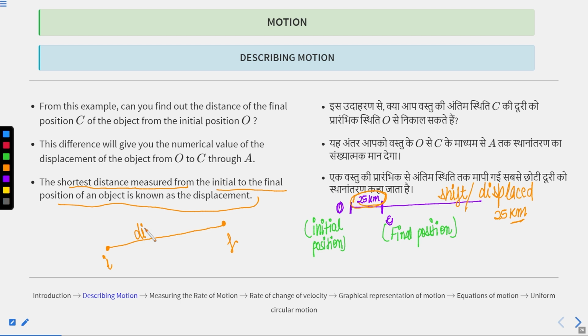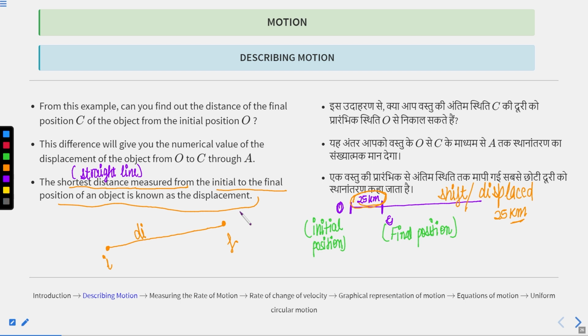Okay, and the shortest distance is always a straight line, and a straight line requires 2 points. And those 2 points are initial position and final position. So you have initial position, you have final position, draw a straight line.